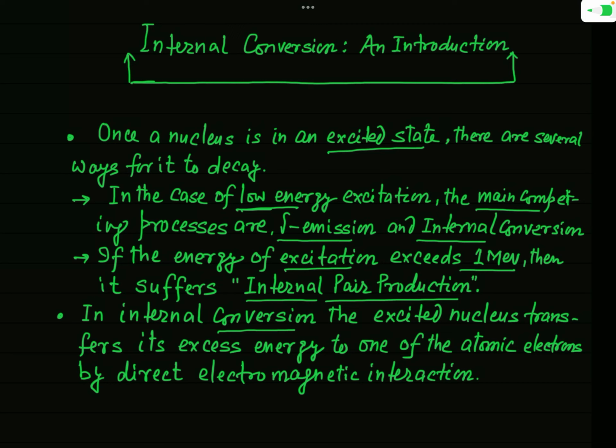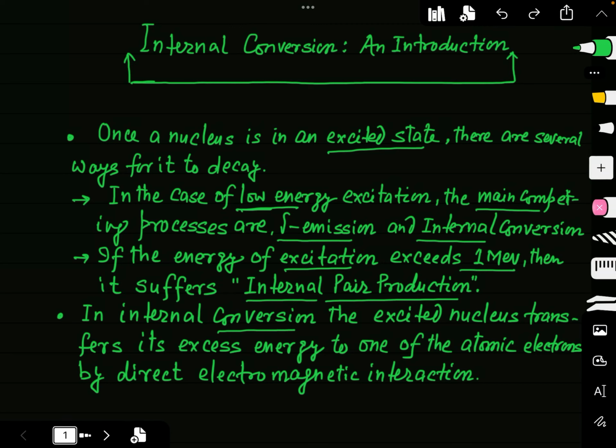So what happens in this case? The nucleus comes back from the excited state to some lower energy state, and the released energy is absorbed by some atomic electron, and that atomic electron, after gaining the energy due to the transition of the nucleus from higher to lower energy state, may be ejected from the atomic shell in which the electron was before absorption of energy.